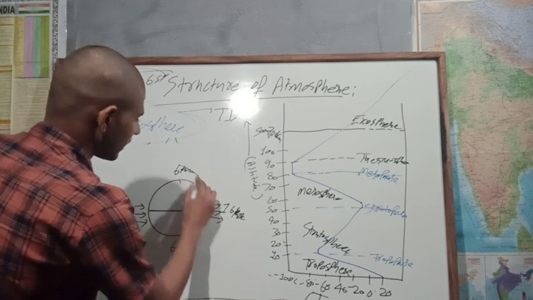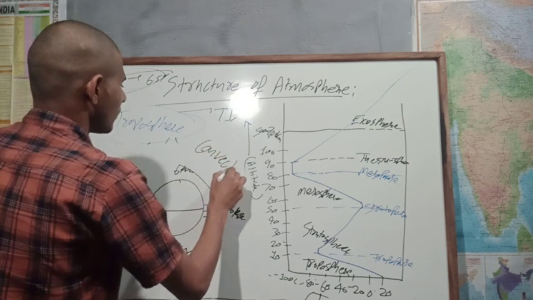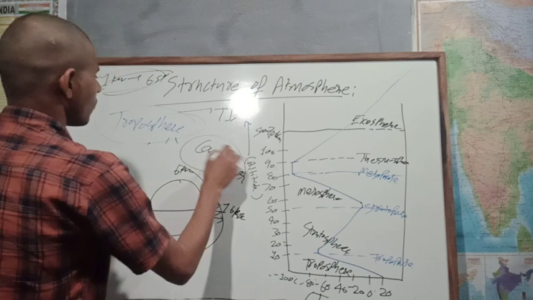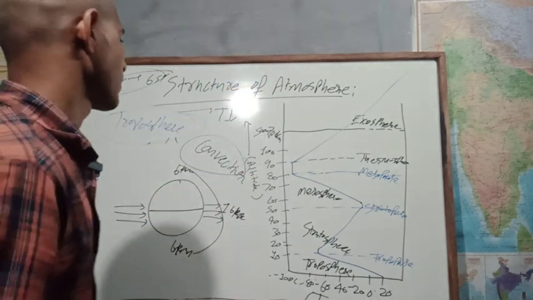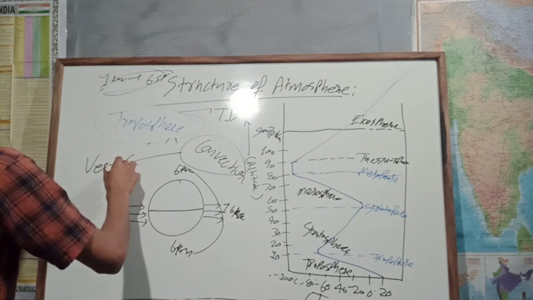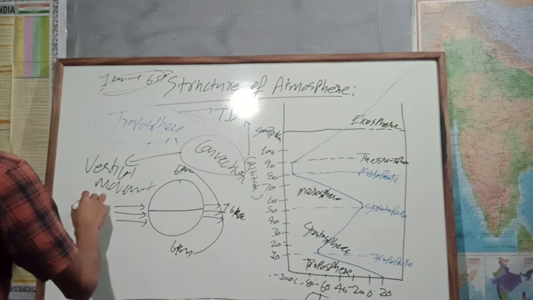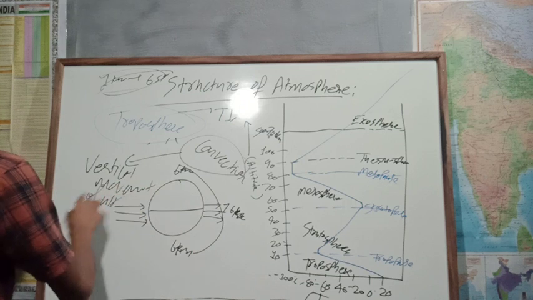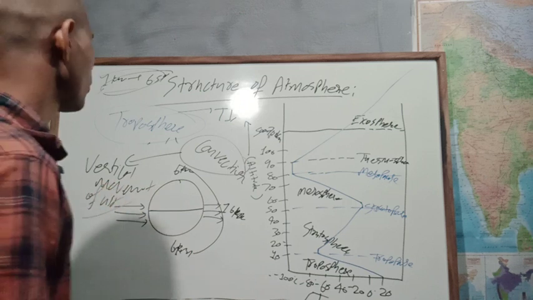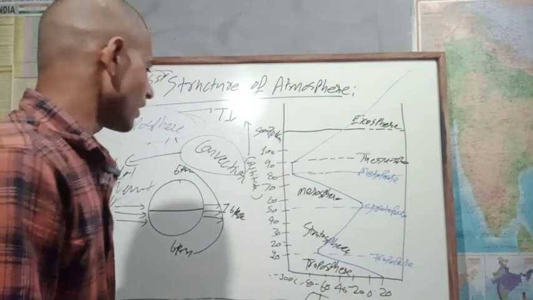So due to convection, you can mention that. What is convection? Vertical movement of air. So due to vertical movement of air, this layer is shifted. At the poles, what happens?